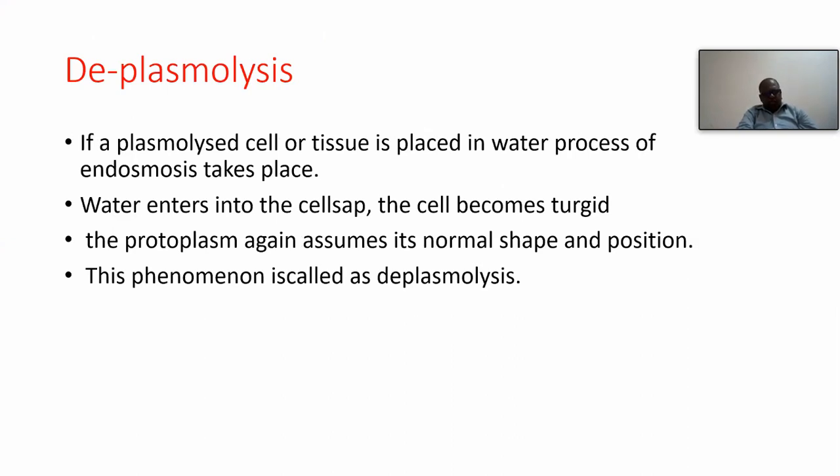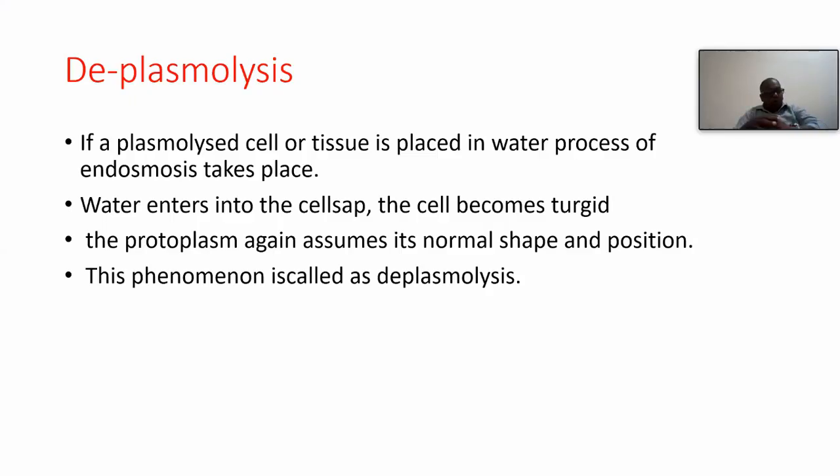Once the cell is plasmolysed and you put it into a hypotonic solution, it becomes deplasmolysed. That means we are giving the water back into the cell. Since the syllabus is large, I was rushing. I think you could understand my lectures.